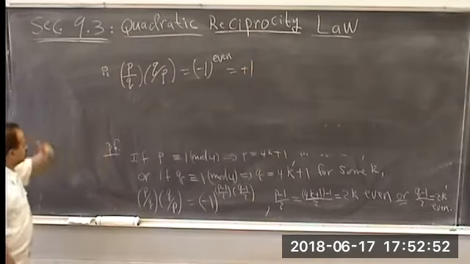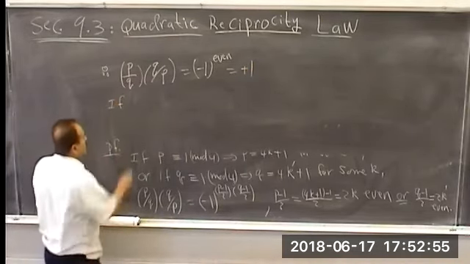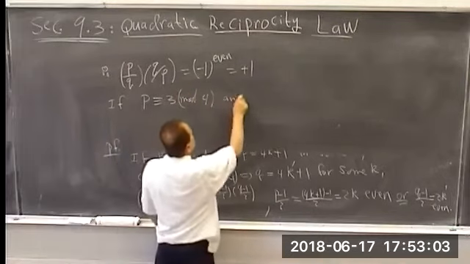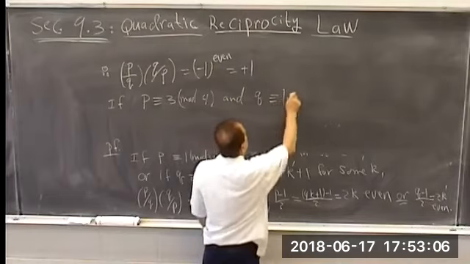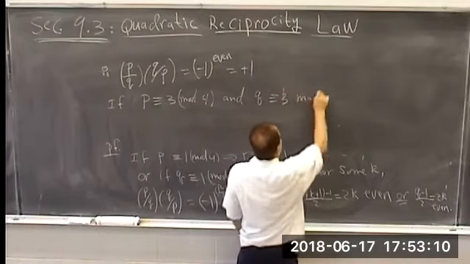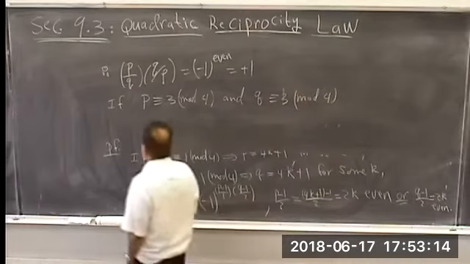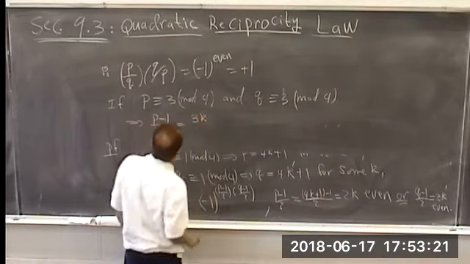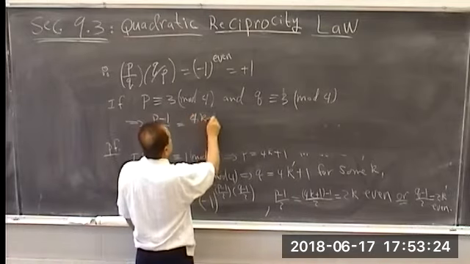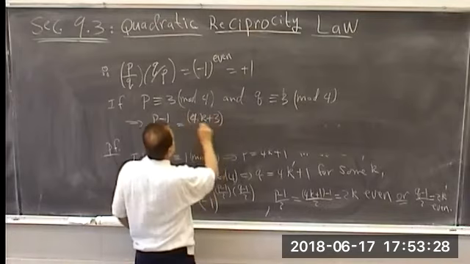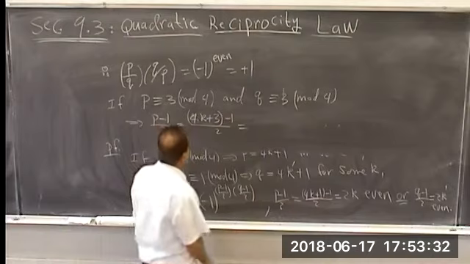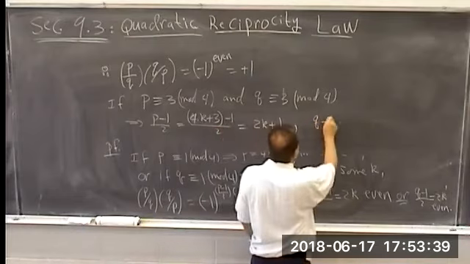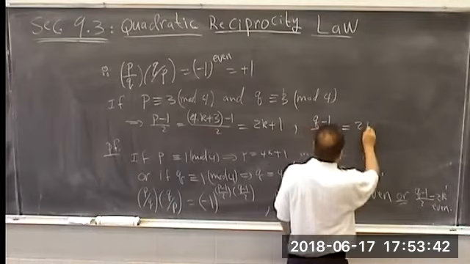On the other hand, if P is congruent to 3 mod 4 and Q is congruent to 3 mod 4, this makes (P minus 1)/2 equal to (4K plus 3 minus 1)/2, which is 2K plus 1, and for Q minus 1 over 2, similarly, it's 2K prime plus 1.